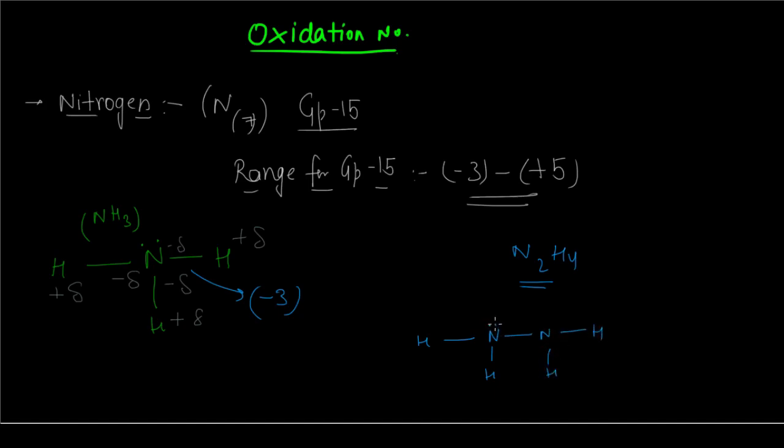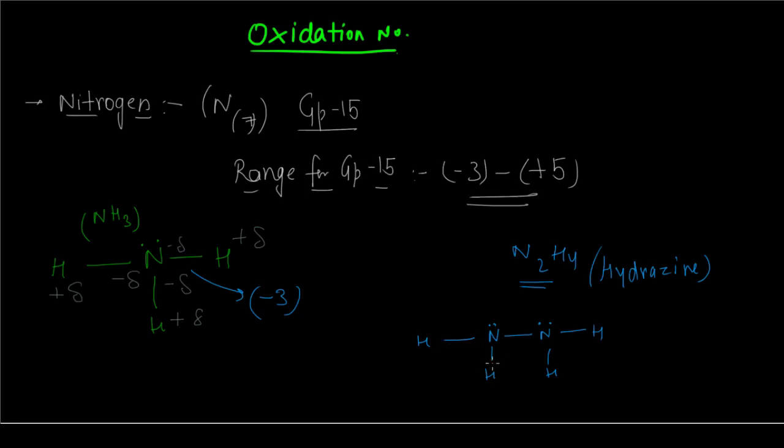Lone pairs are present on each of the nitrogen atoms. So this is hydrazine. In hydrazine, nitrogen again forms 3 covalent bonds. However, only 2 of the bonds are polar because the nitrogen-nitrogen bond is non-polar, between similar elements. So only the 2 N-H bonds are polar.